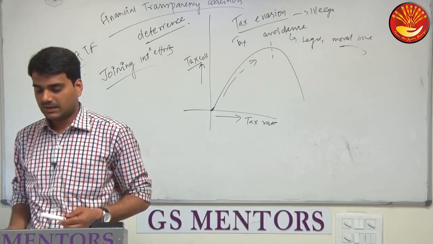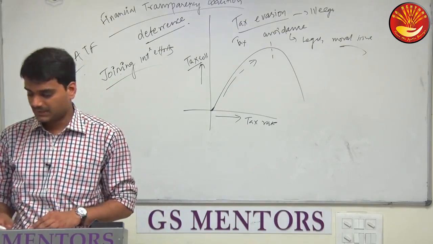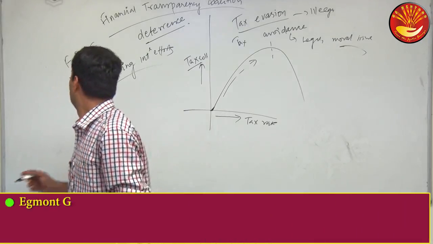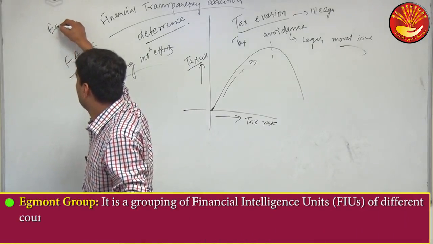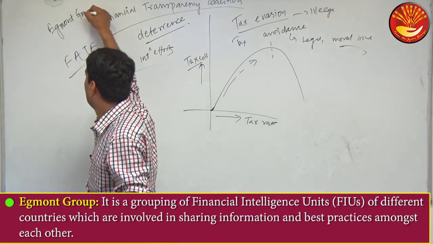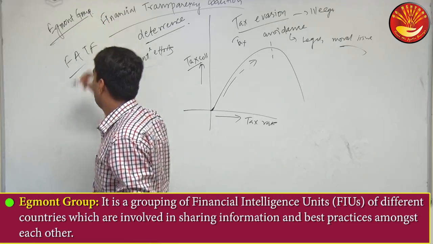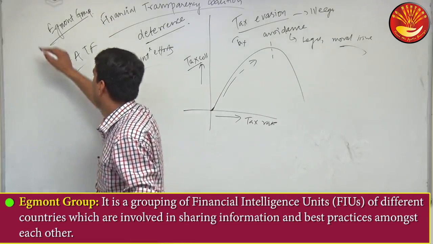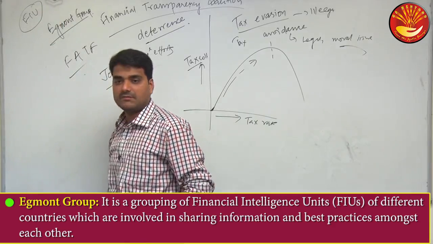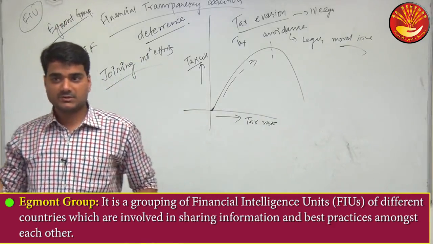Okay, these two, and another organization is the Egmont Group. See, every country has a FIU, Financial Intelligence Unit. Like in India we have FIU-IND. What is the purpose of this FIU?